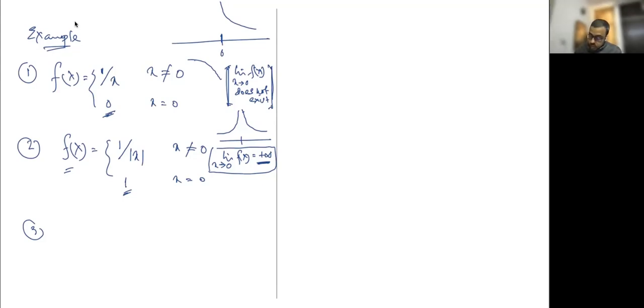Now let us look at this example. I'll call these F1, F2, and F3. So this is F2, this is F1. So F3(x) is, you can simplify.